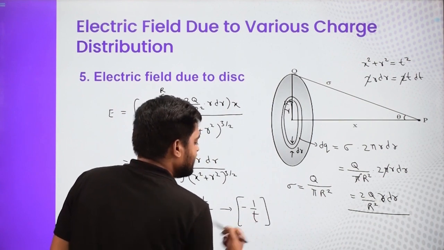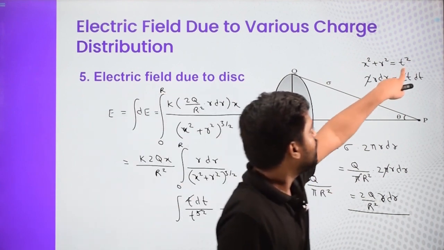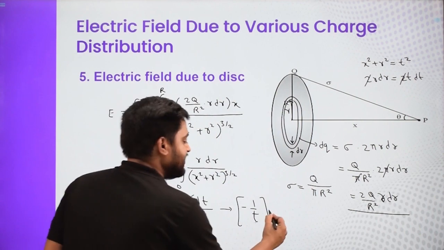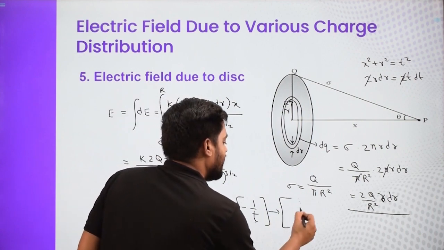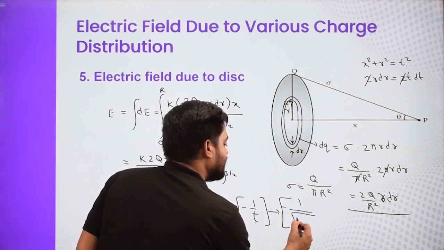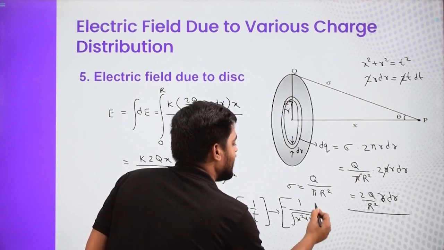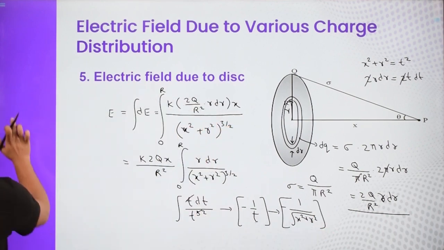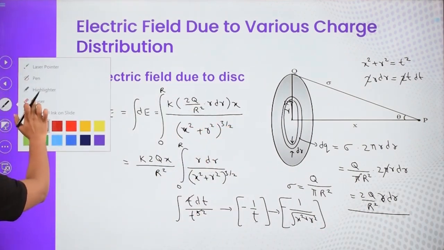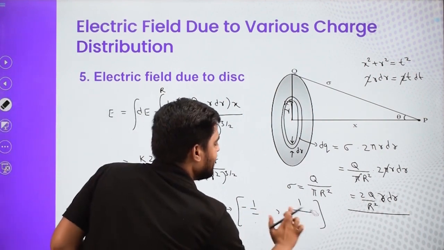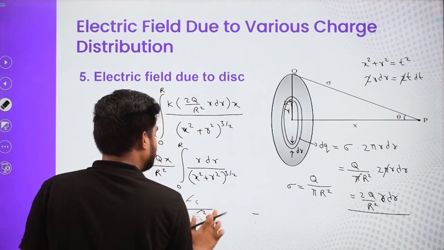And what is our t? t is root over x square plus r square. So the integration is minus 1 by root over x square plus r square. I will put that directly here and then substitute the limits.